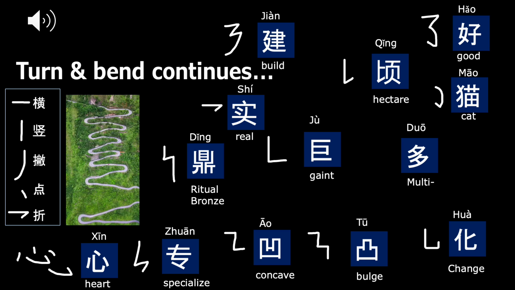The examples I listed here are 建 build, 请 Hector, 好 good, 猫 cat, 顶 Rachel Browns, 巨 giant, 多 multi, 心 heart, 专 specialized, all concave, 凸 bulge, 画 change.